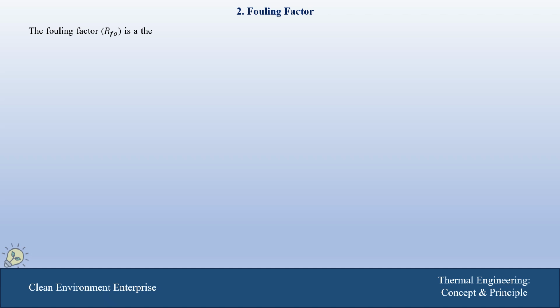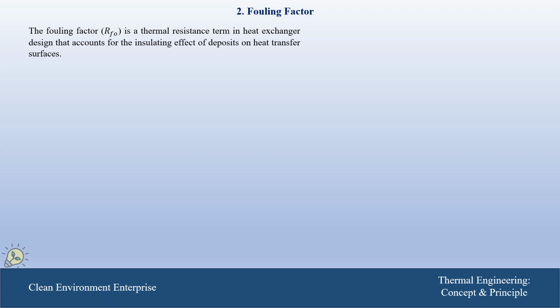The fouling factor, referred to as R sub F, or fouling, is in fact a thermal resistance that is present in the heat exchanger during continuous operation, and it adds another thermal resistance to the thermal resistances for the convection parts on both sides of the tube, the shell side and the inner flow, and the conduction part through the tube metal.